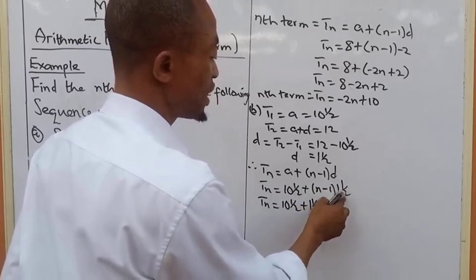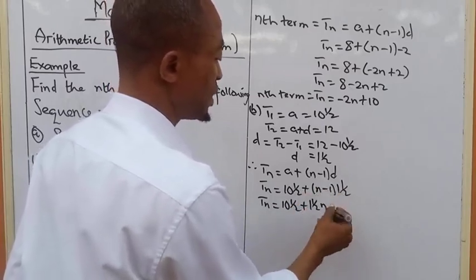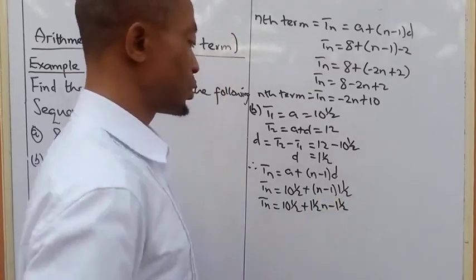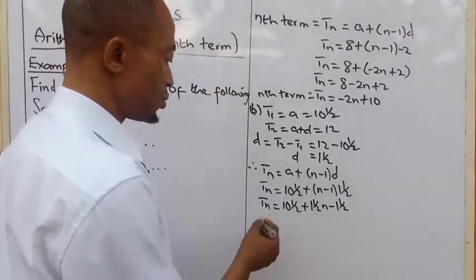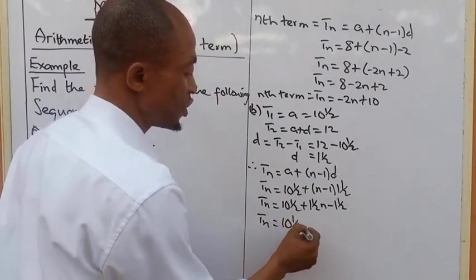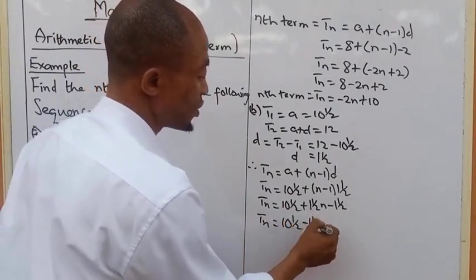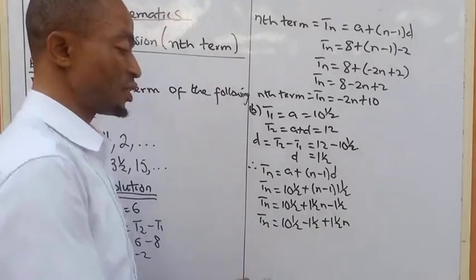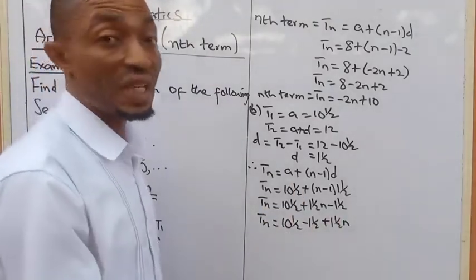Then 1 and a half multiplied by negative 1 will give us minus 1 and a half. So Tn now equals 10 and a half minus 1 and a half, then plus 1 and a half n. 10 and a half minus 1 and a half will give us 9.